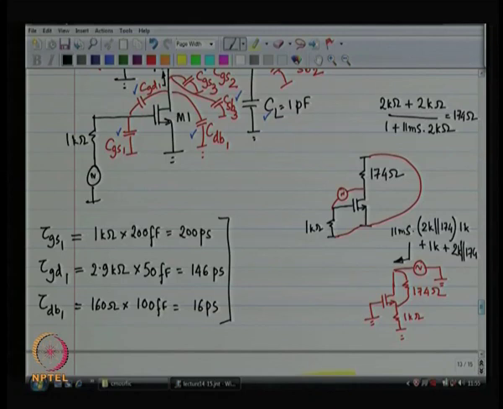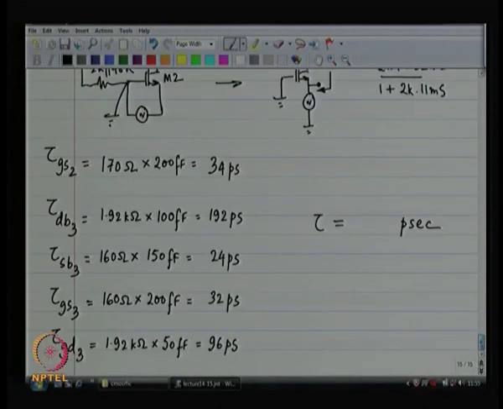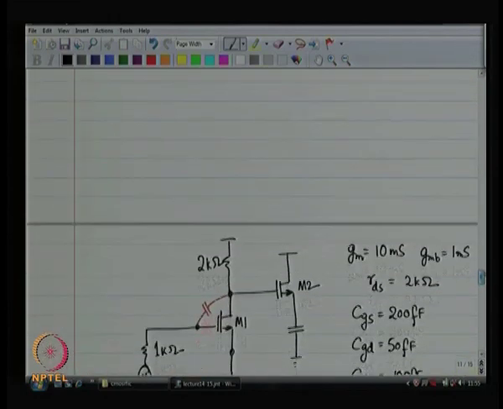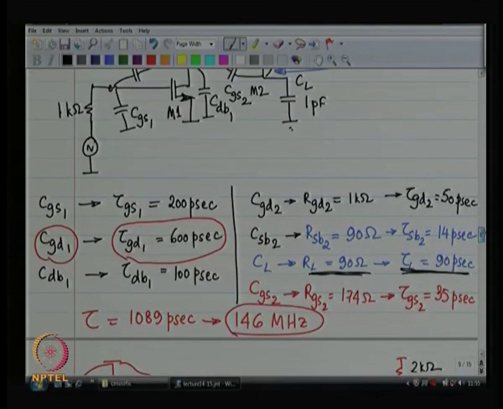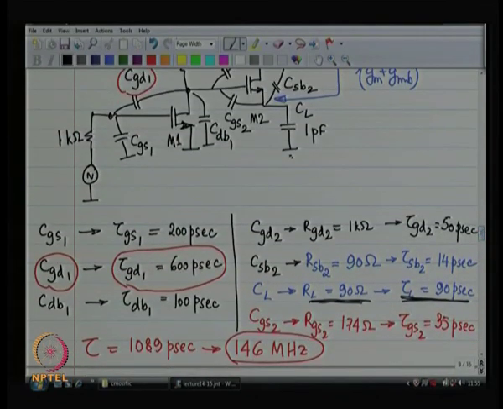Okay, that's better. So my new sum total is 936 picoseconds. So, we do not have a problem, we have done better than the previous case. The previous case was 1089 picoseconds.